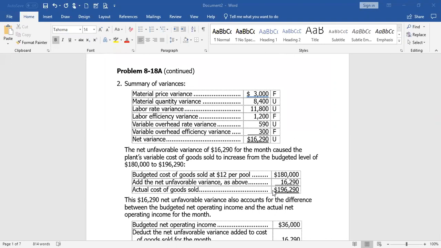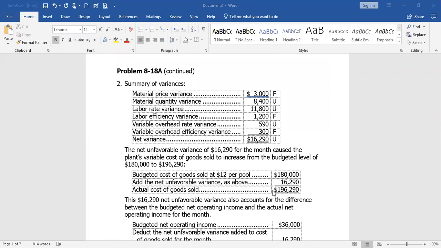So this net unfavorable variance for the month caused the plant's variable cost of goods sold to increase from the budgeted amount of $180,000 to $196,290. So we're explaining why that amount changed on page 389.